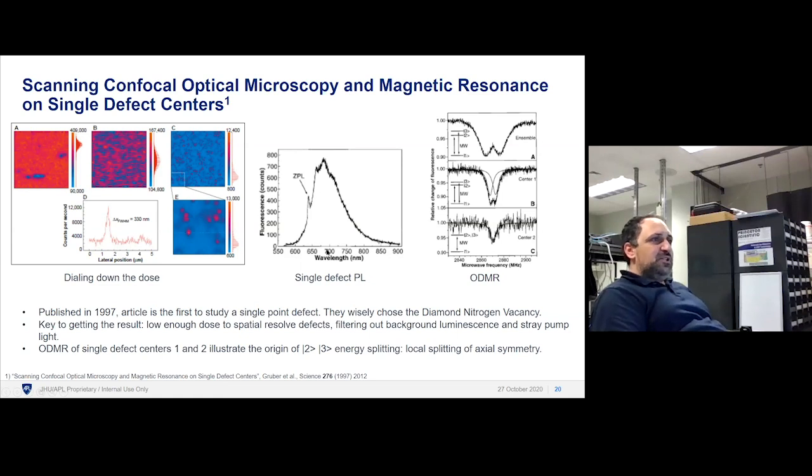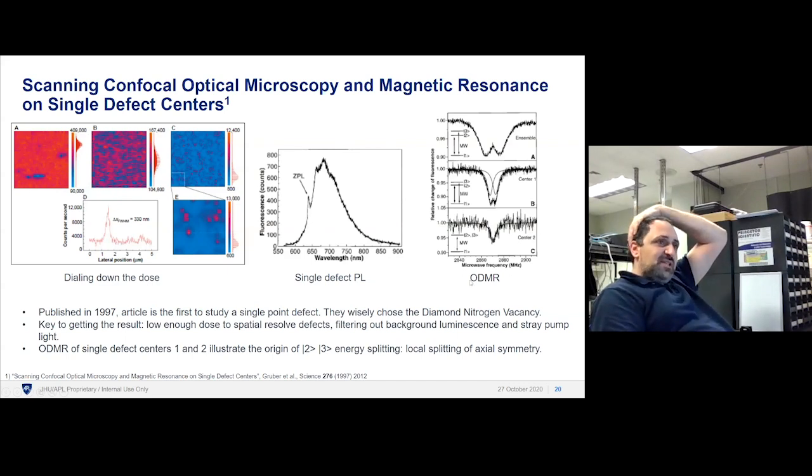And this is the fluorescing light from that single vacancy. This feature here is the zero phonon line. So if you were to cool the sample to say 1 Kelvin, all of your light would be there. This light is redshifted, or longer wavelength, because of interaction with the crystal lattice.